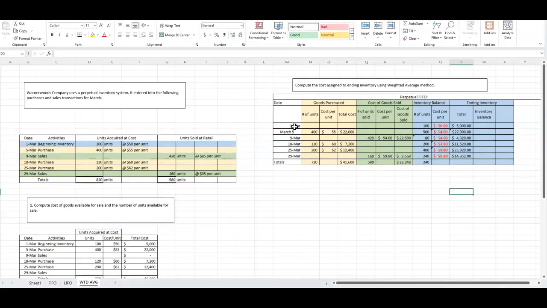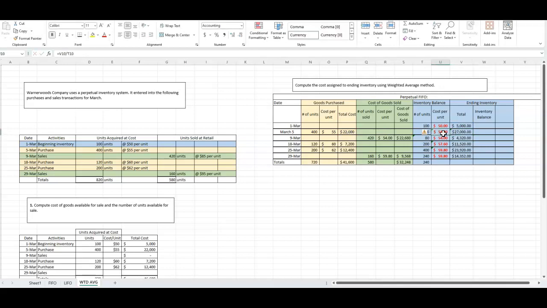The beginning inventory was 100 units at $50. We are not going to change that. We purchased 400 units at $55. So here's what you do. You add the number of units you had to begin with plus the number of units you purchased. Then you take the cost you had to begin with plus the cost of the units you purchased.